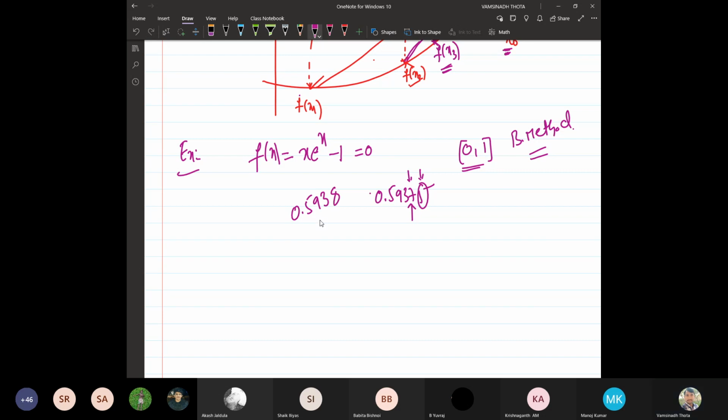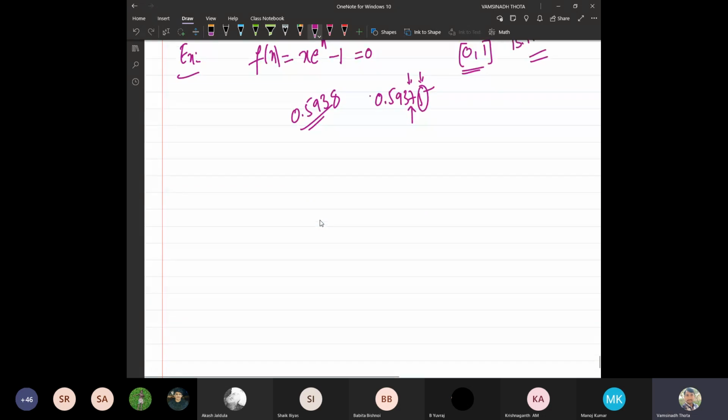Okay, right. Now let us do the same problem using the secant method and at the same time using the regular false position method. I hope everyone is ready with the calculators. So let me start the problem. Same problem.